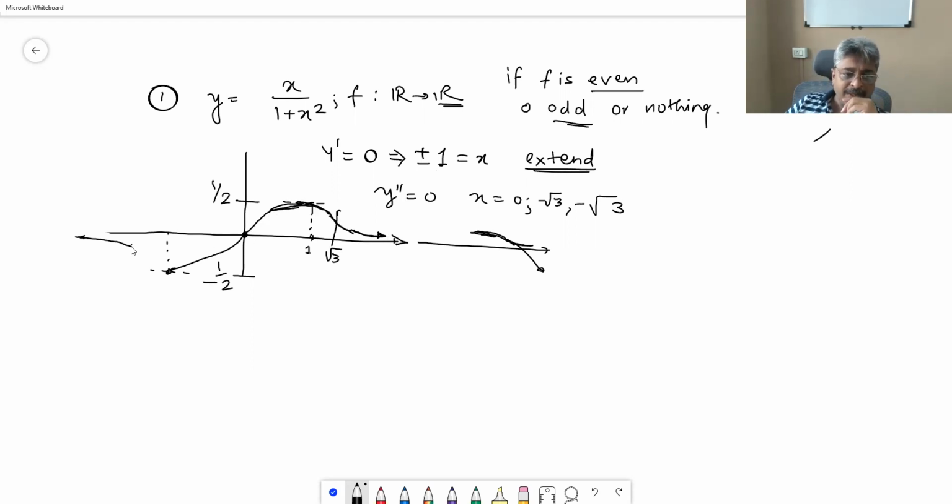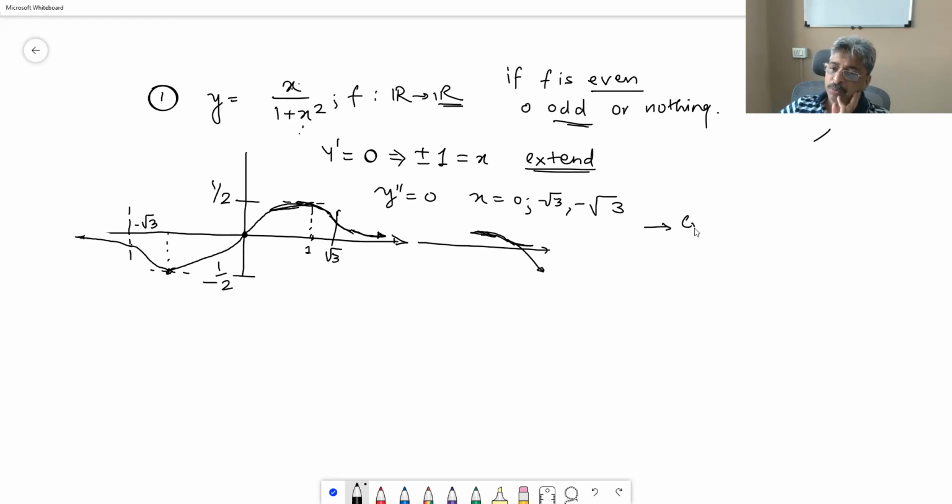You need to reflect it in origin to get it into the negative x-axis. This is minus root 3, and therefore we could sketch this one. Actually, it is a linear upon quadratic. So I think all the techniques and tools that are required to sketch are now being demonstrated. Maybe if you want, I can list them.